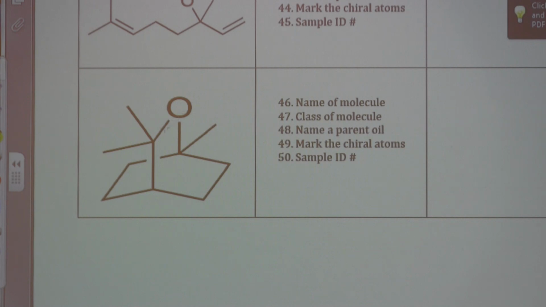This one, this one, this one, and this one. There's a plane of symmetry. So each side is a mirror image, therefore there can be no chirality. Class of this is an ether. The parent oil would have been eucalyptus or rosemary. And the sample ID was number 3.